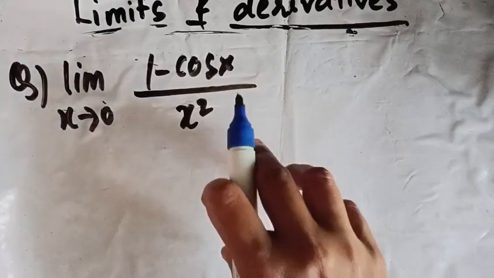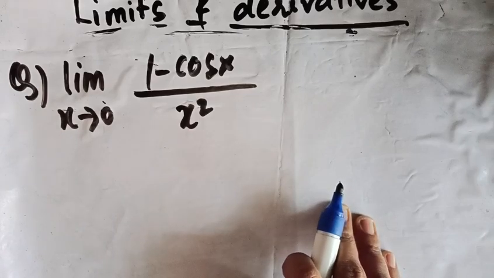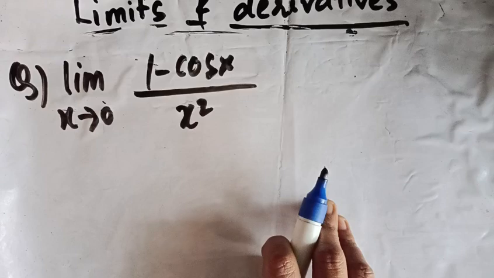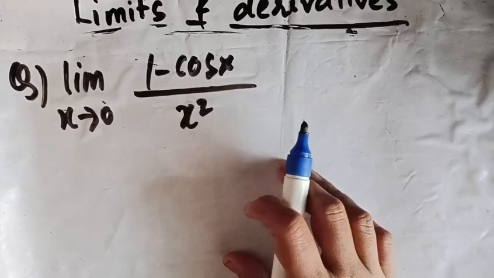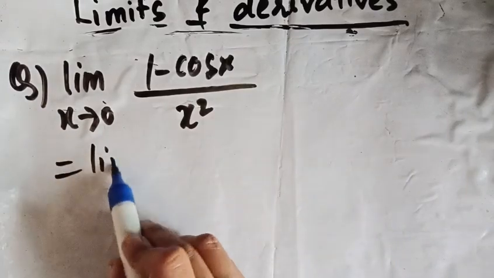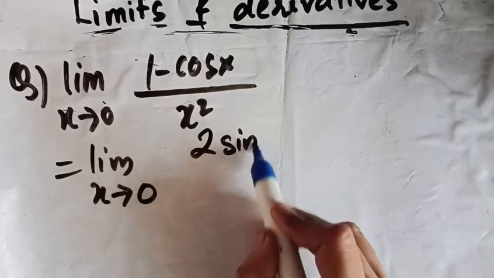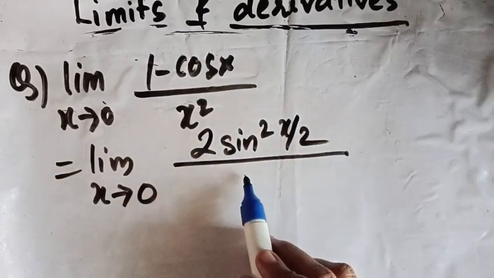This is our standard trigonometric result, that the answer is half. Here you have to make use of the trigonometric identities, half angle formulas. That is, 1 minus cos x equals 2 sin square x by 2. So I can substitute here 2 sin square x by 2 upon x square.